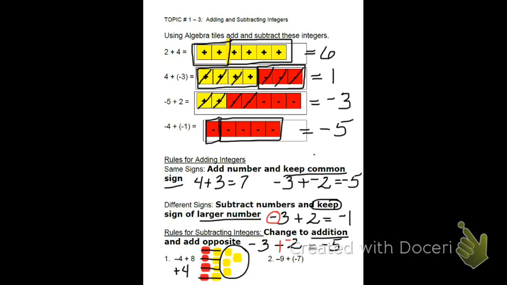So if this helps, just draw some pluses and minuses on your paper to figure out when the signs are opposite. So if the signs are opposite, like this example, then drawing the algebra tiles would be helpful. This, however, the signs are common, so you're just going to continue with addition and keep the sign. So this would be -16.